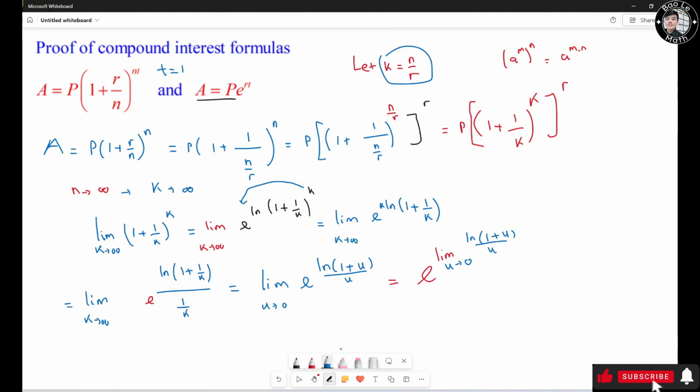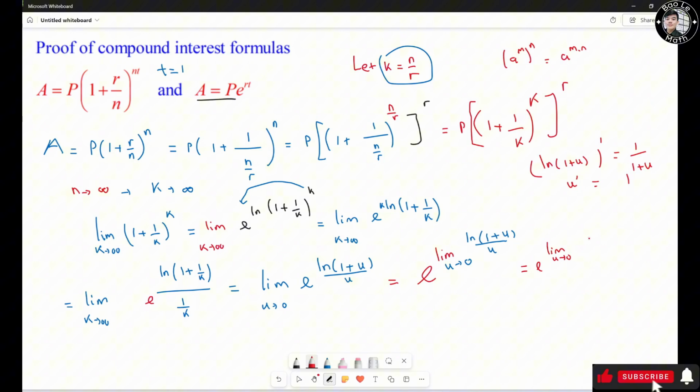When u approaches 0, the numerator approaches 0 and the denominator approaches 0, and this is an indeterminate form. So we can use L'Hospital's rule. It turns out to be e to the limit as u approaches 0 of the derivative of the natural log of 1 plus u, which is 1 over 1 plus u, over the derivative of u, which is 1.